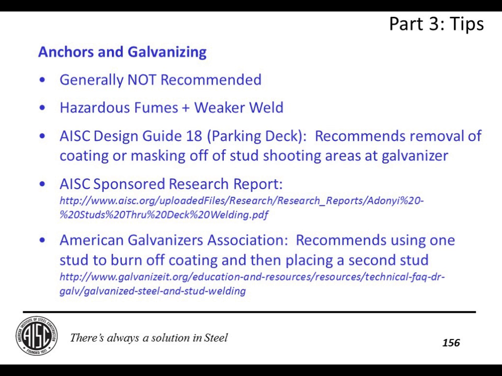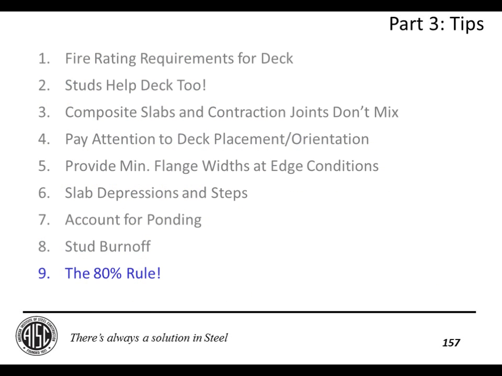What I generally see happen, what the American Galvanizers Association recommends, is that you plan on welding 2 studs. So you weld 1 stud on there to burn off the galvanization. You give it a bend test. If it works, it stays. If it flies off, then you weld a second stud right where that first one was, taking advantage of the fact that the galvanization was burned off during the first stud shot.